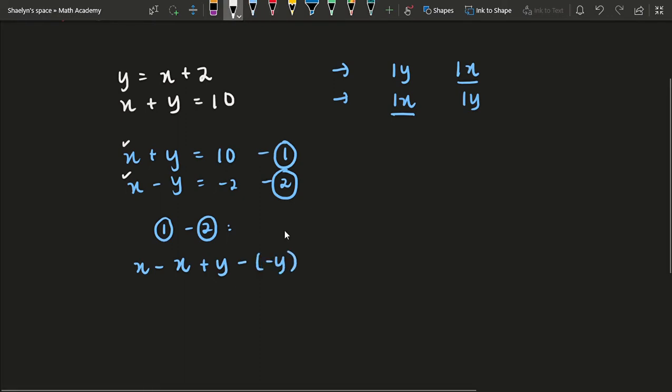Why do I write this? Because I use the first to minus the second one, right? So the x right here, I just copy down, then minus x. Then y, I just copy down, minus this whole thing. So it has to be y minus y, or you call it negative y, it doesn't matter. As long as there are two negative signs, because initially in the equation, the y is not positive, it is already negative. So that's why we have two negatives, because the first negative is here, the second negative is here.